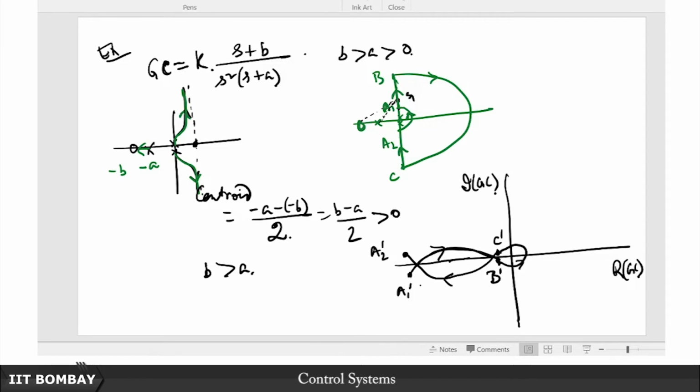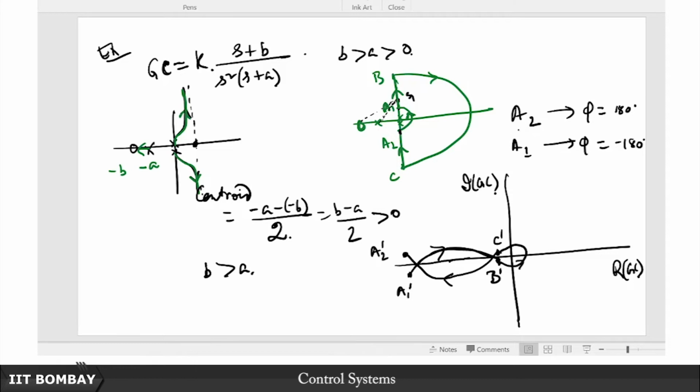Now coming to this A2 to A1, what is the conclusion now? Let's think of this for a while. At A2, what is my net phase? The phi contributed by these two, the others do not contribute, is 180 degrees, and at A1 the phi that I have is minus 180 degrees.